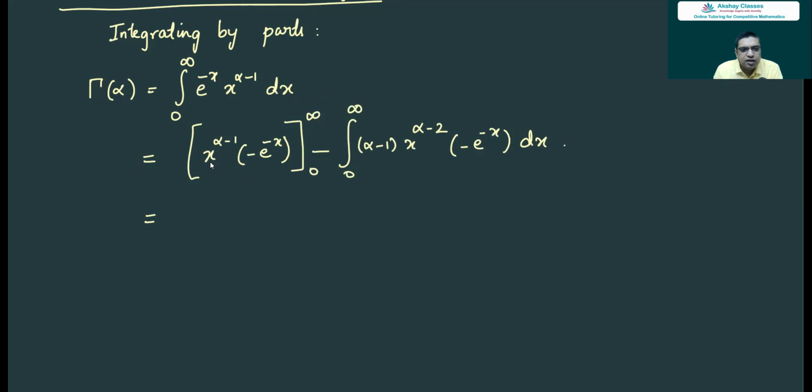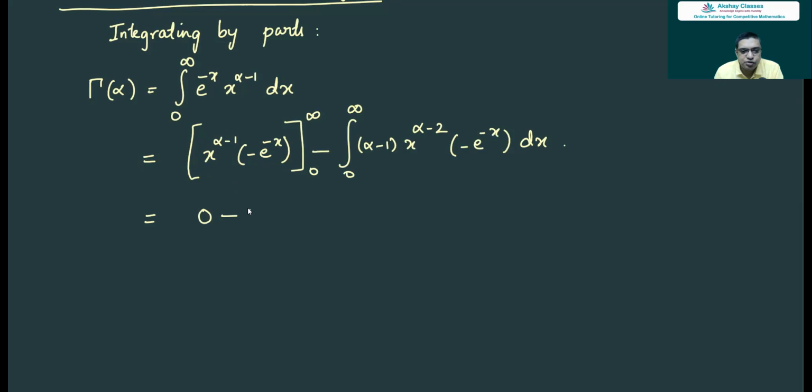Now, as x goes to infinity, this particular term, we evaluated earlier, e power minus x, that means e to the power minus infinity, goes to 0 very fast, and then the other term apparently is going to infinity, but the product of these will be 0.